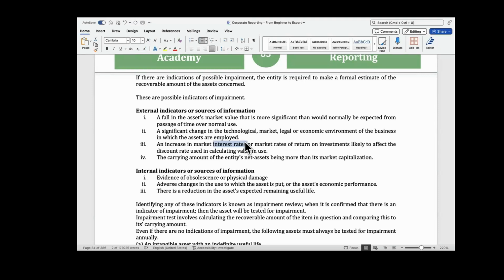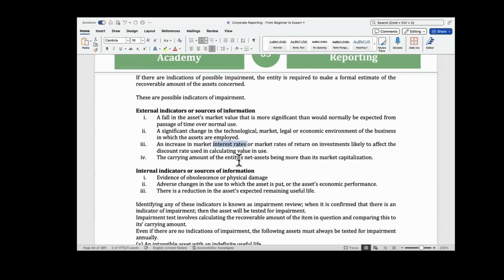And the higher the interest rates, the lower the value in use of that asset. So if the value in use is low, then there is high likelihood that there might be impairment. So another external indicator is an increase in interest rates that is used in calculating value in use.